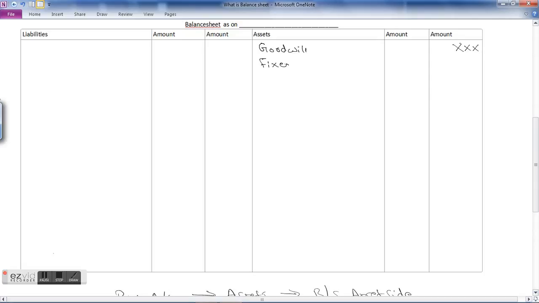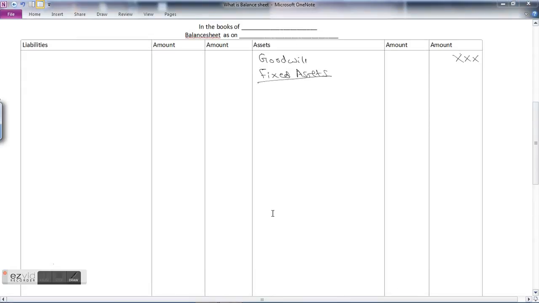Then next is fixed assets. Okay, so for fixed assets, the amount which is included in the balance sheet will be net, that is excluding your depreciation.